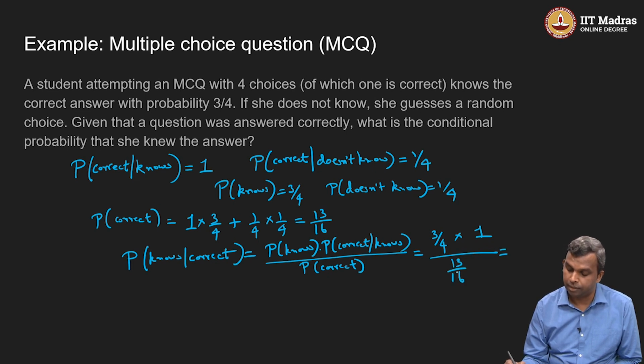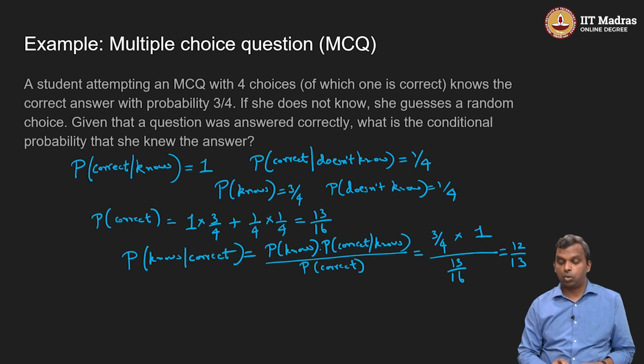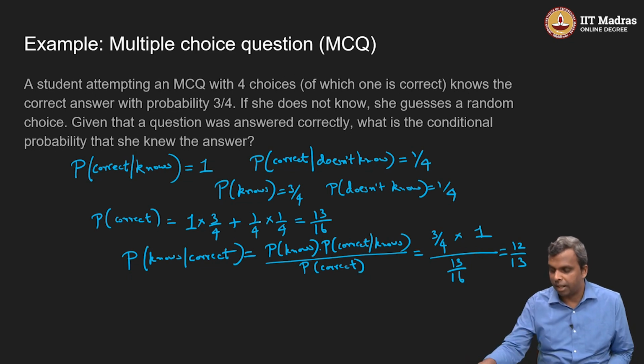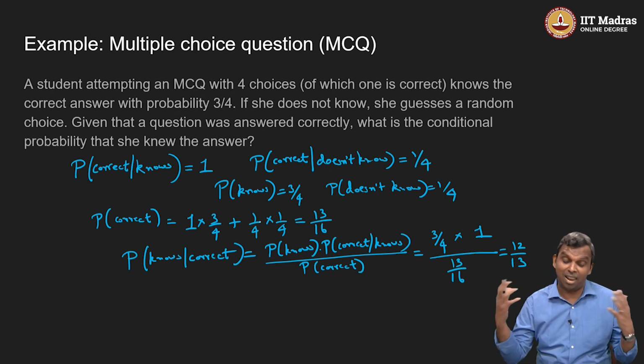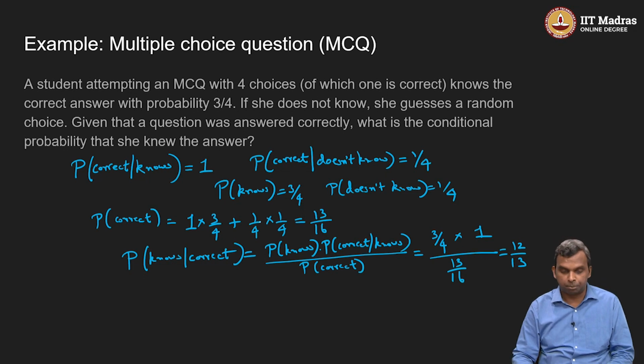That works out as 12/13. So you can see that's about 12:1 ratio. The probability that you knew, given that you got the answer right, was overwhelming. It's a very large probability. So you can see how these things work out in quite a simple way, right? Given probability of some events, you can just use the results of all that you know to move towards the probability that you want.